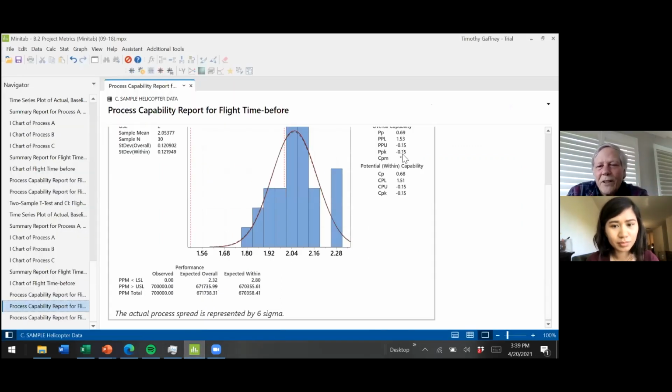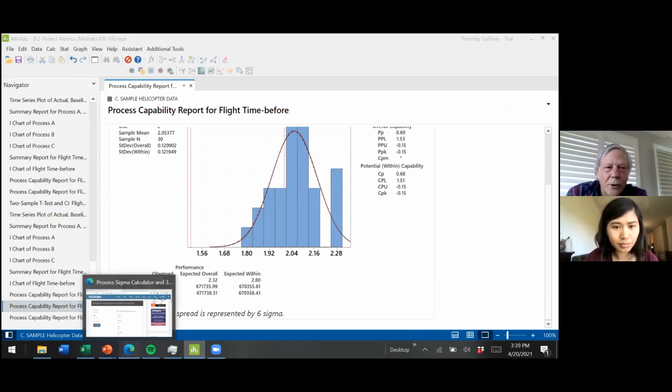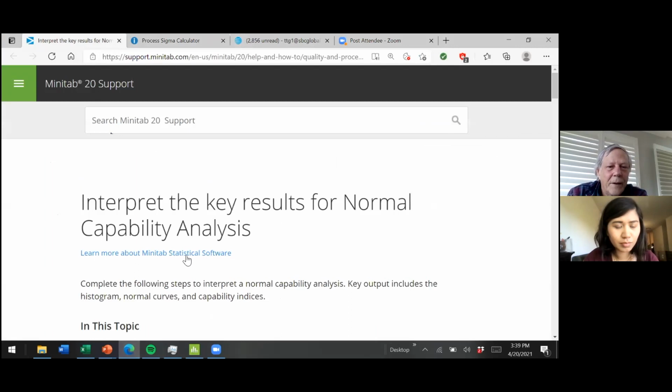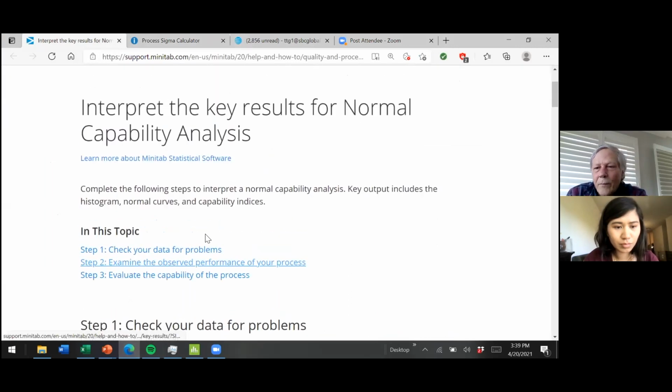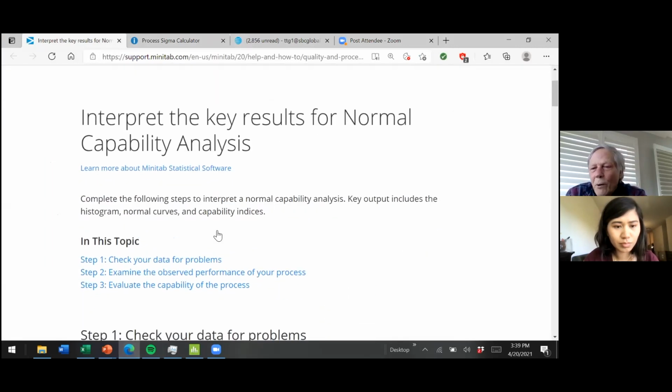You really want to have CPKs and PPKs of 1.33 or higher. And on the web, it's really interesting. If you use the help function, for example, you just click on help when you're on the normal capability analysis.